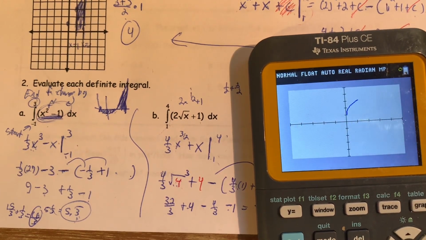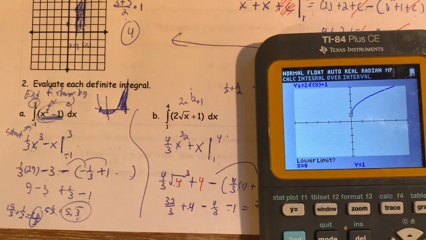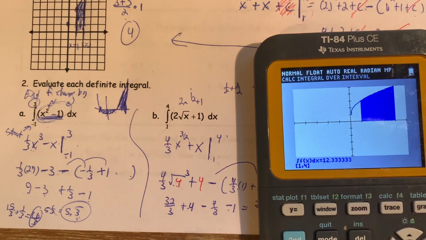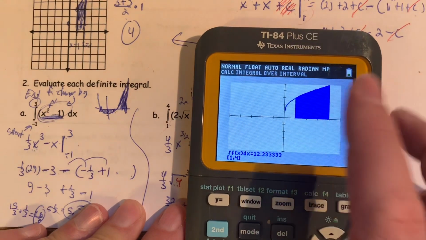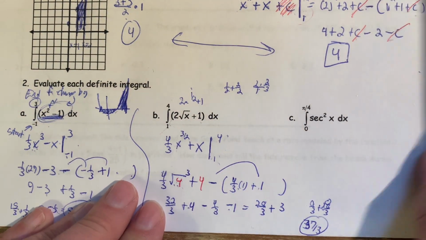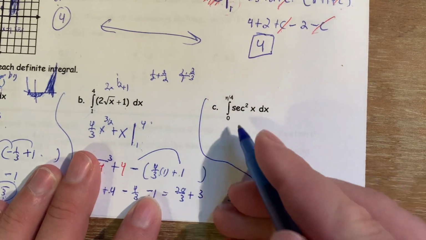And here's this graph, right? Here's this square root function. And what we're saying is the integral, the area from 1 to 4, this area is 12.333, which is 37/3. That's what this area is. We found the area by doing the antiderivative and seeing how much that antiderivative changed by. It's neat. Okay, try this next one on your own.